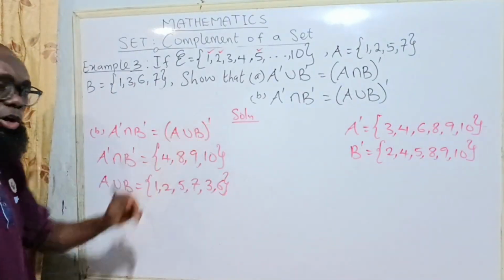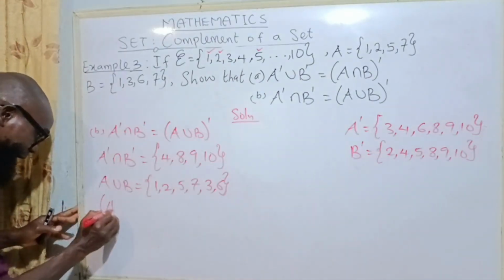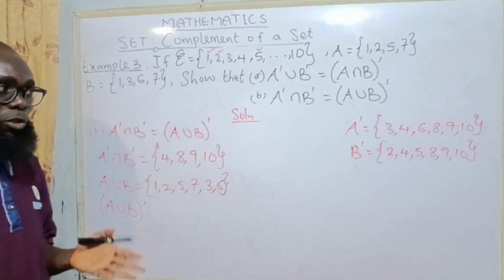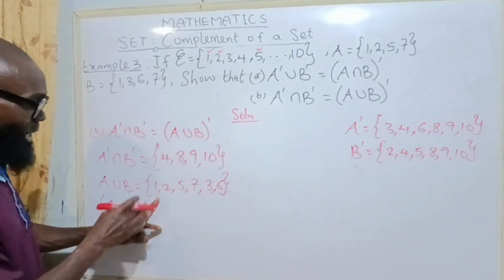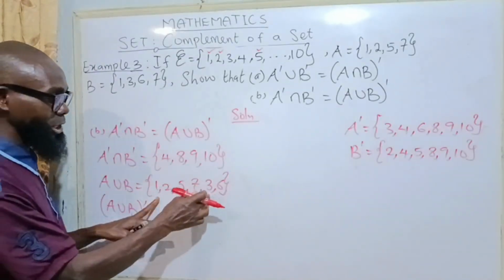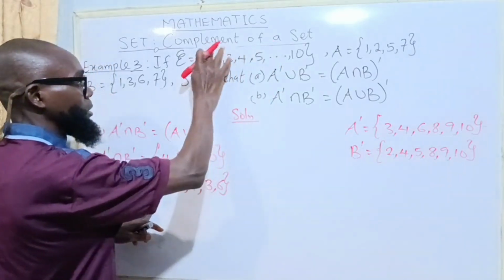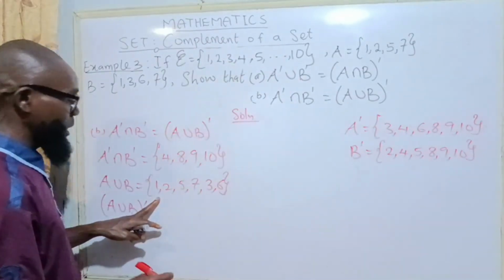Now let us look for the complement. A union B complement. You know the meaning of complement: taking away 1, 2, 5, 7, 3, 6 from all these values. The remaining ones are the complements.